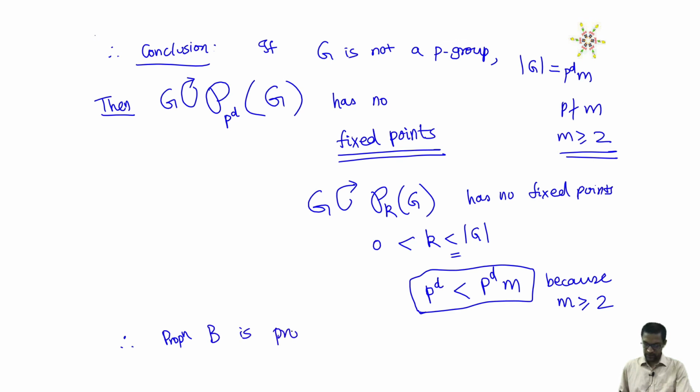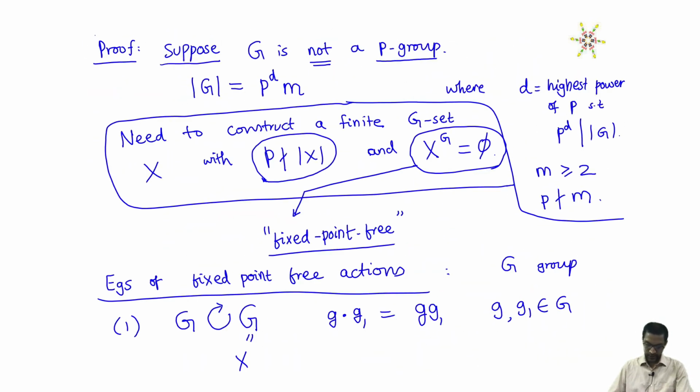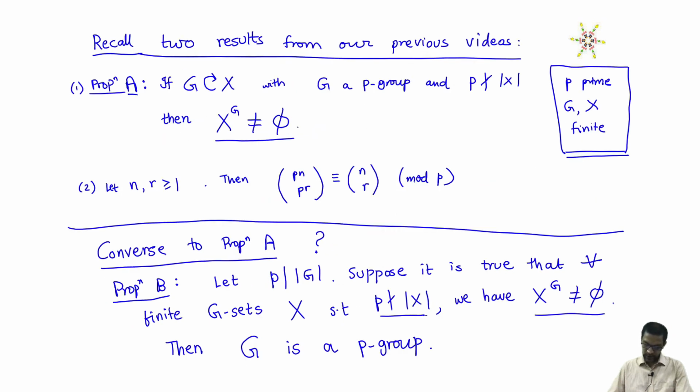In other words, we have managed to prove a nice converse to our original result. So let me go back and show you the statement of proposition B. Here's what we have managed to prove: if a prime divides the cardinality of a group, and suppose it's true that for all G sets X such that p doesn't divide its cardinality, there is a fixed point, then this group had better be a p group.